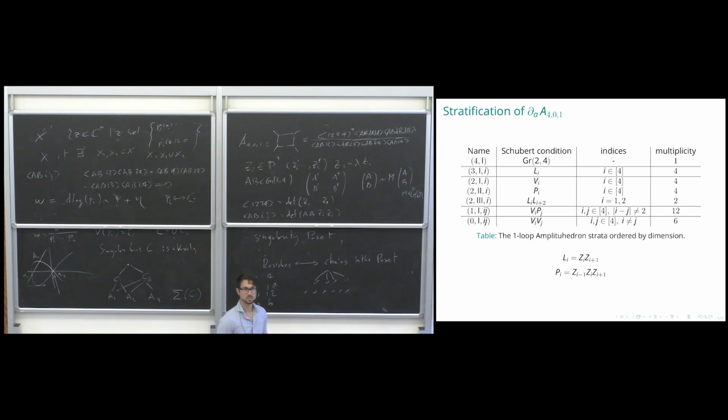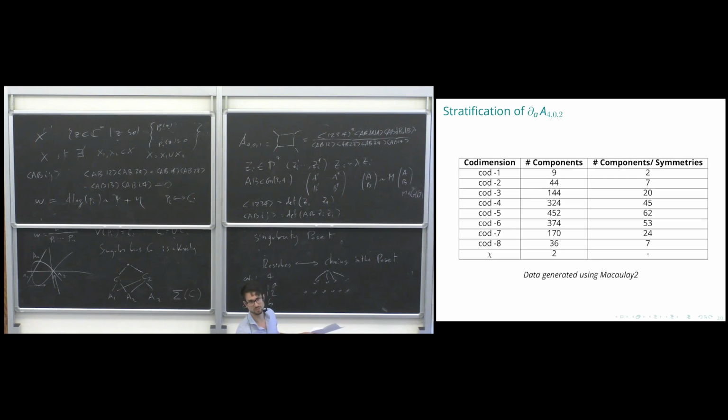With Macaulay, if you brute force the problem, it's not efficient. If I go to one loop, I can brute force it. Two loops, if you brute force it, will never terminate. So here you have to be smart and use the symmetries of the problem first of all.